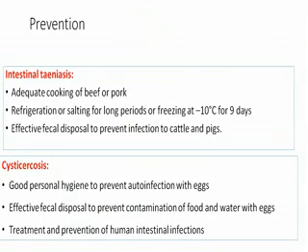Okay, and next, how do you prevent this one? Prevention is better than cure. For intestinal teniasis, beef or pork should be properly cooked, with adequate cooking and refrigeration, or salting for long periods, or freezing at minus 10 degrees Celsius for 9 days.